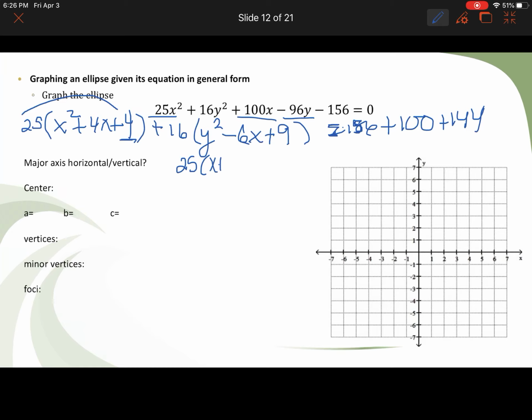So 25 times (x plus 2) squared plus 16 times (y minus 3) squared equals 400, which I will divide by 400 and then simplify.